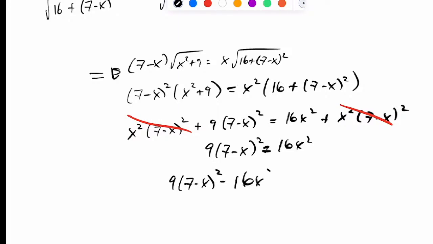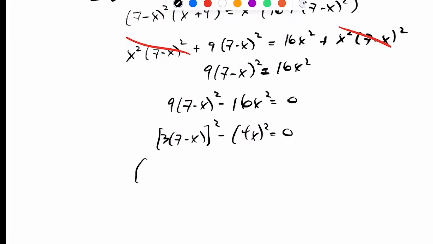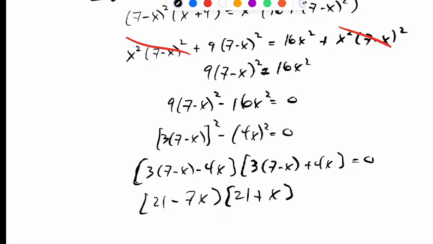I don't know if anyone saw this. You could do a difference of squares on this. And then you end up getting here, what, 3 times (7 minus x) minus 4x, and then 3 times (7 minus x) plus 4x equals 0. 21 minus 7x, 21 plus x.